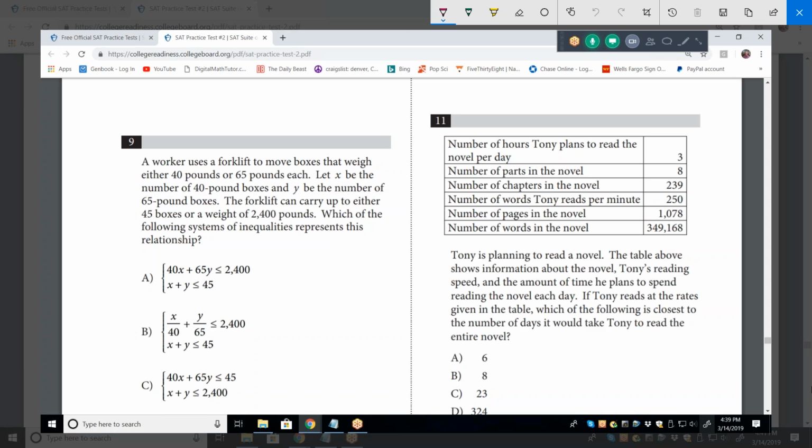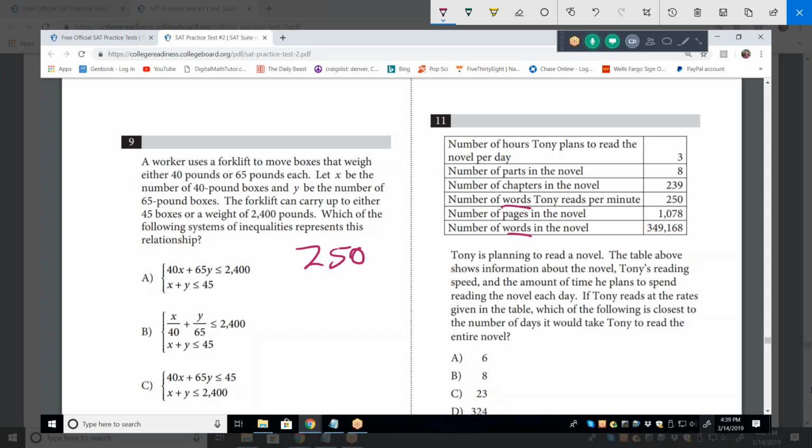So let's talk about the strategy. How are we going to figure this out? If your life depended on it, how would you do it? I would first calculate how many minutes or how many words Tony can read per day. Good, I like that. 250 words, because that matches the novel.